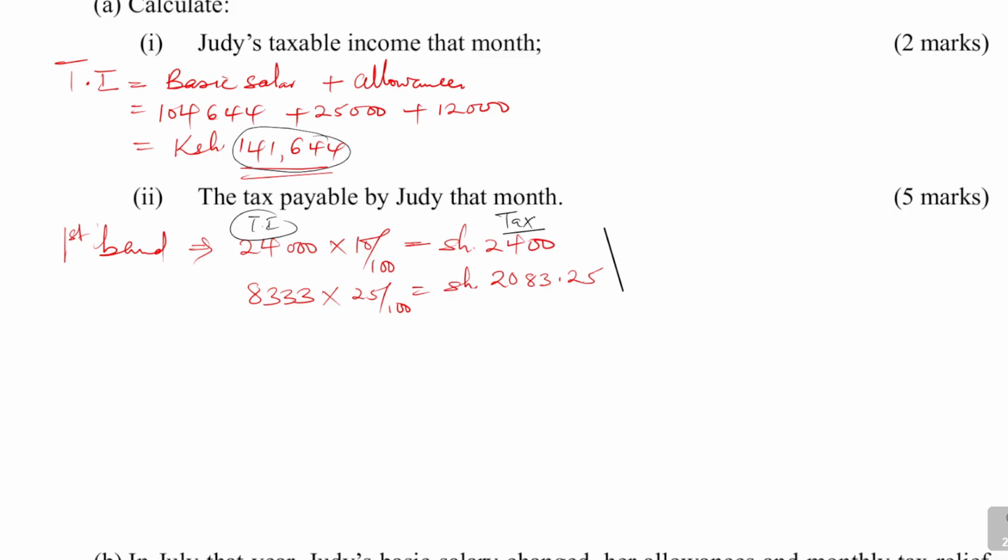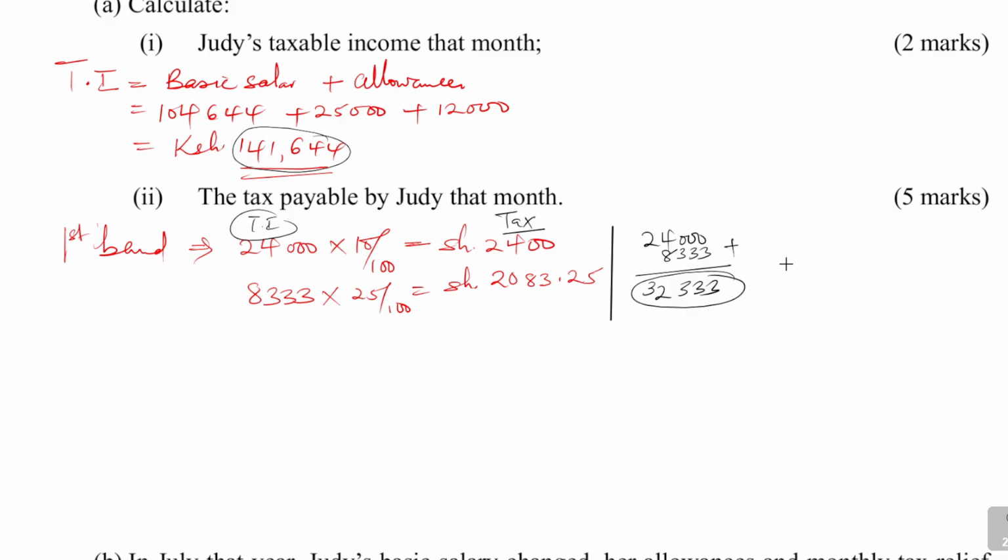So far we have taxed 24,000 plus 8,333, which will give 32,333. So this is the amount we have taxed in the first two bands. So the rest will fall in the third band.